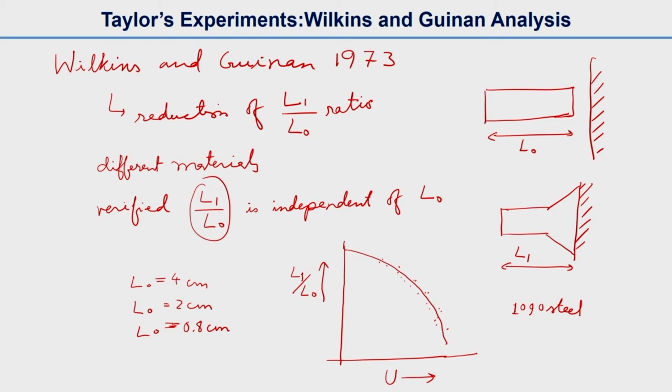These points follow this curve. So what they derived, first we start with the change in length with time being the instantaneous velocity u. The minus sign is because the length is decreasing.